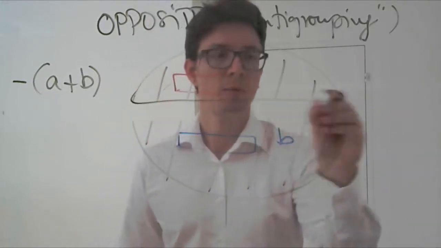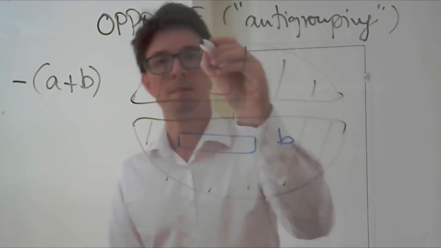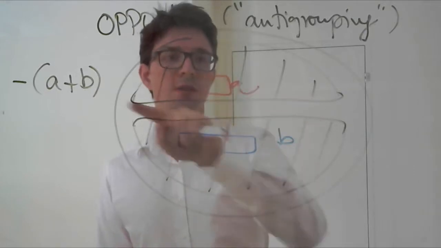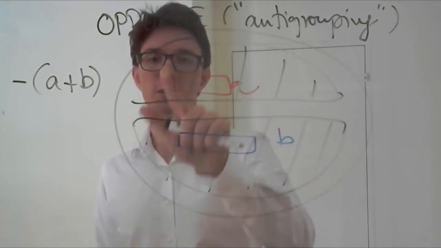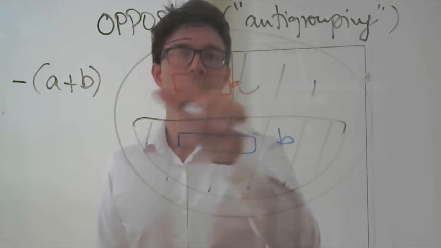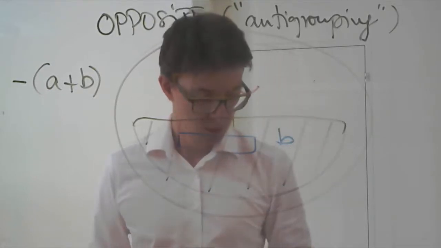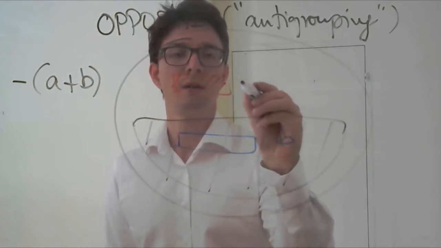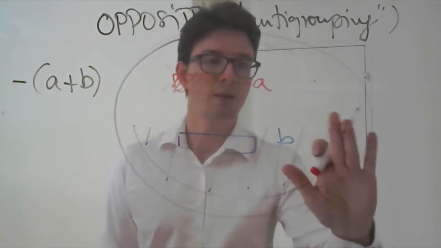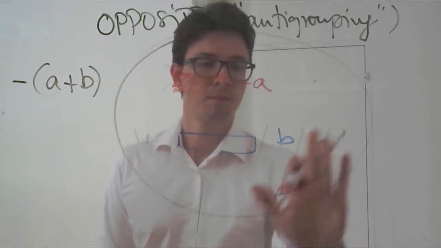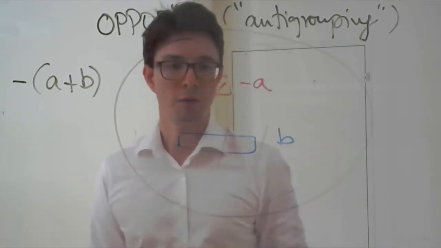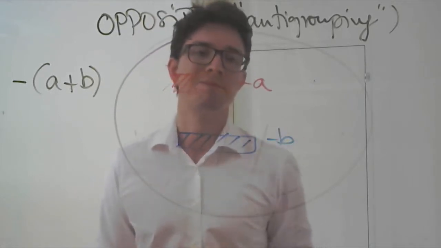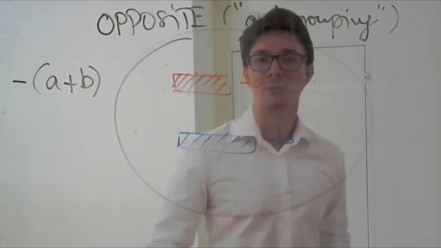So we can build these two anti-groups which get added together. And what do we have? This is just the opposite of this variable a, for which we have the shorthand of just shading this bar. So this is the opposite of a, and the same thing down here. We can get rid of this group and just shade the bar that represents b. So we have the opposite of a plus the opposite of b.